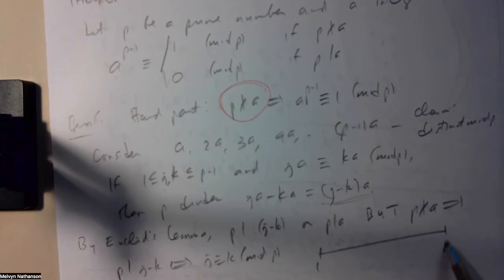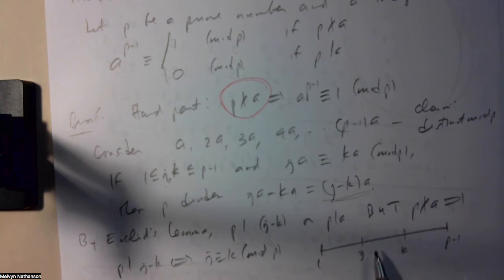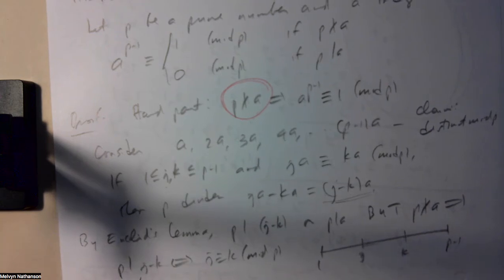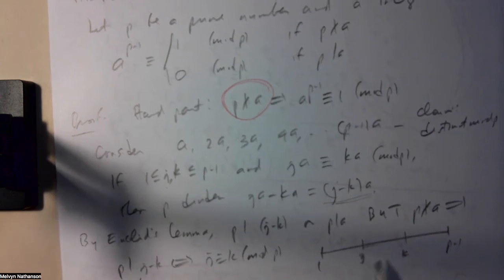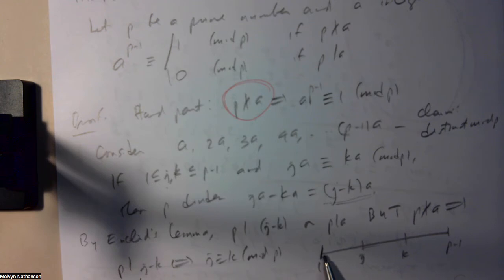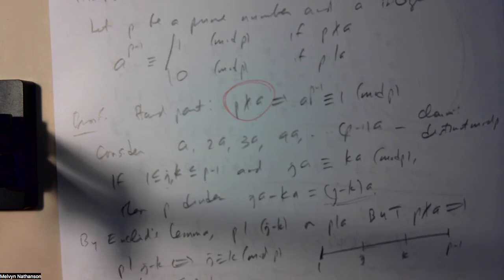But what do we know about J and K? So on the number line between 1 and P minus 1, you have J and K. The furthest apart they can be, the absolute value of J minus K, is at most the distance from 1 to P minus 1. It's at most P minus 1.